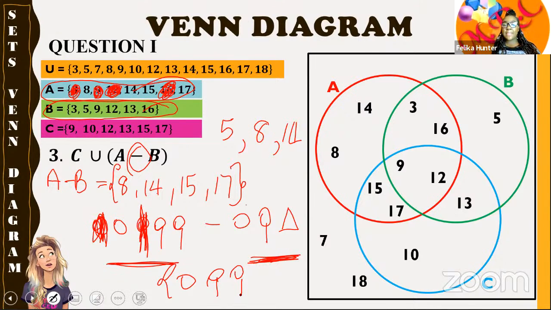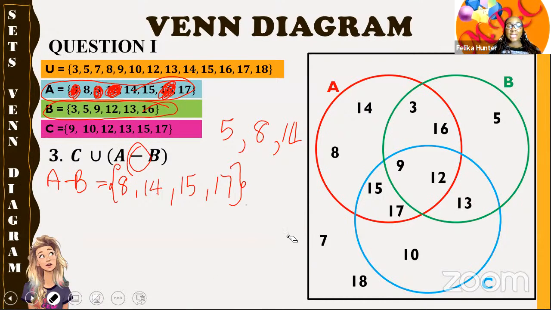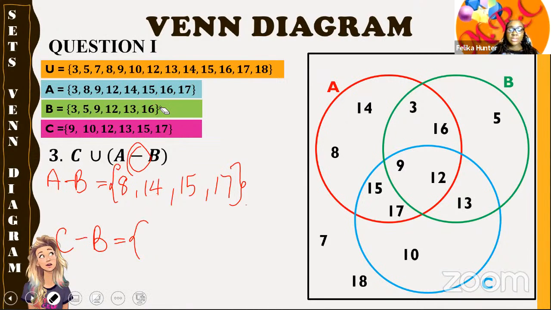So you're saying when I take out what is common, what is in B that is also in A, what is left in A? So if I was to ask you C minus B, your answers can only be elements that are in C. So you want to find what is in C when I take out those things that are also in B. What is left in C?